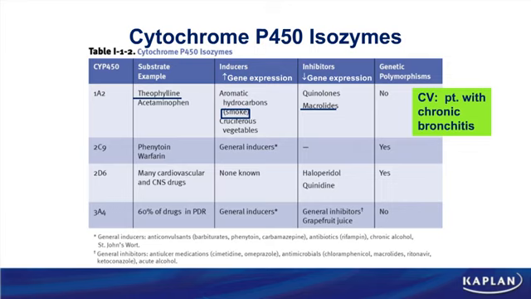So what if that person is on theophylline? Why would I put them on a macrolide? Because patients with chronic bronchitis have a lot of mucus production, and mucus production in the lungs is a great environment for respiratory tract infections, and macrolides are an excellent group of drugs to treat those types of infections.